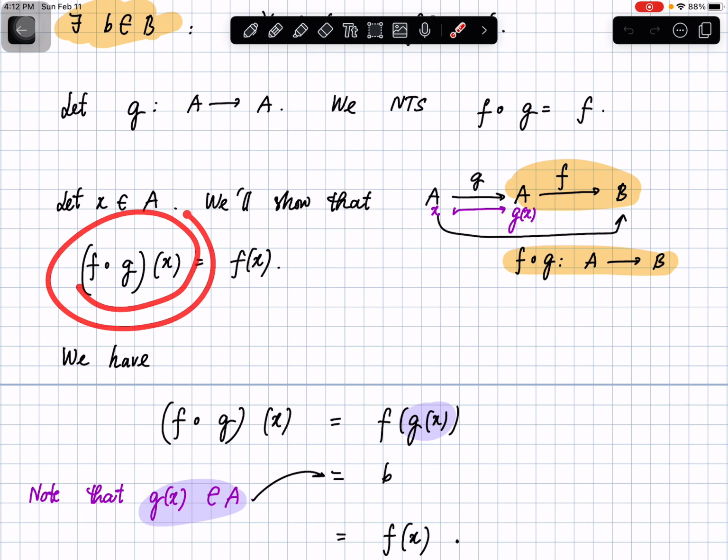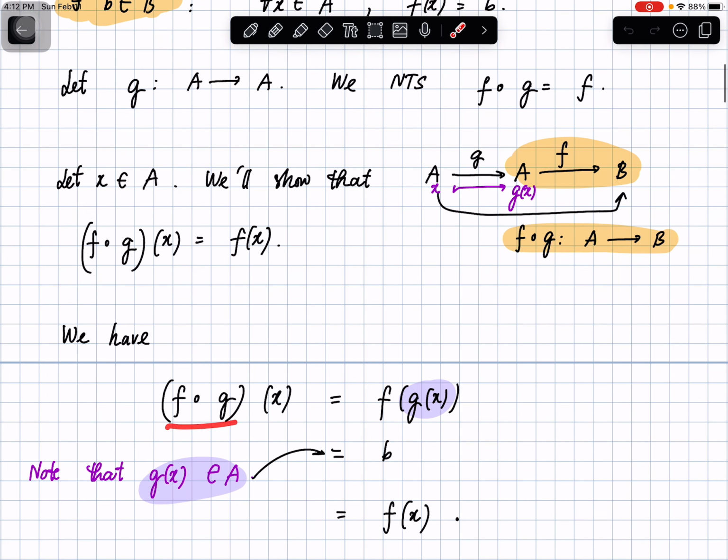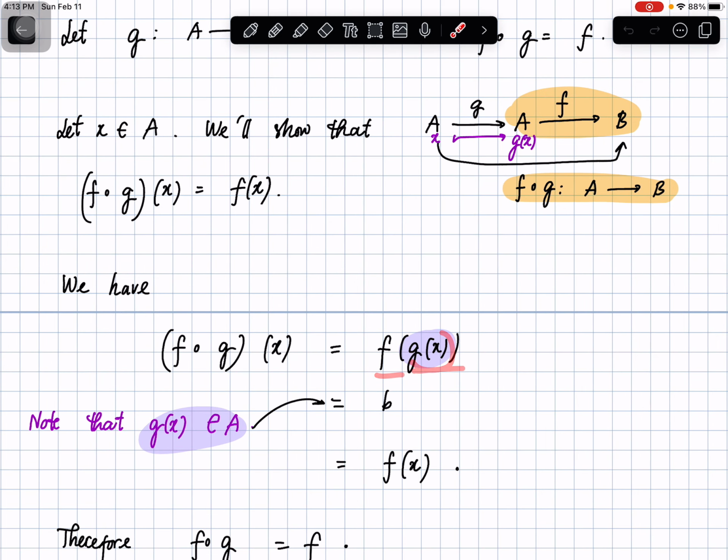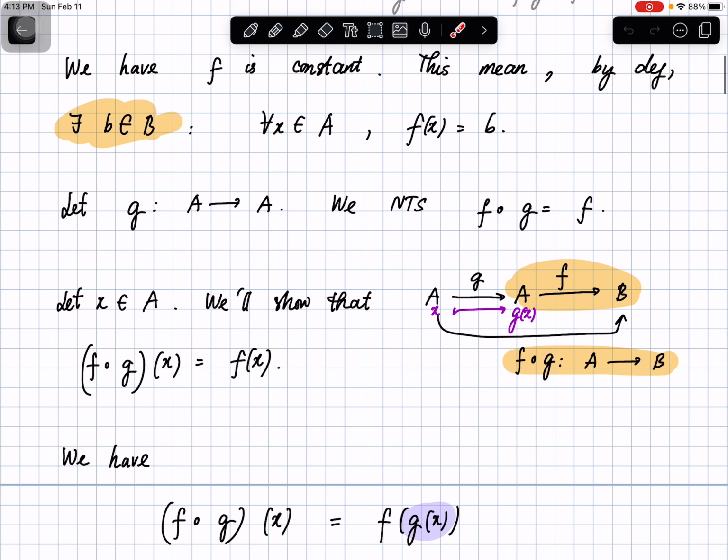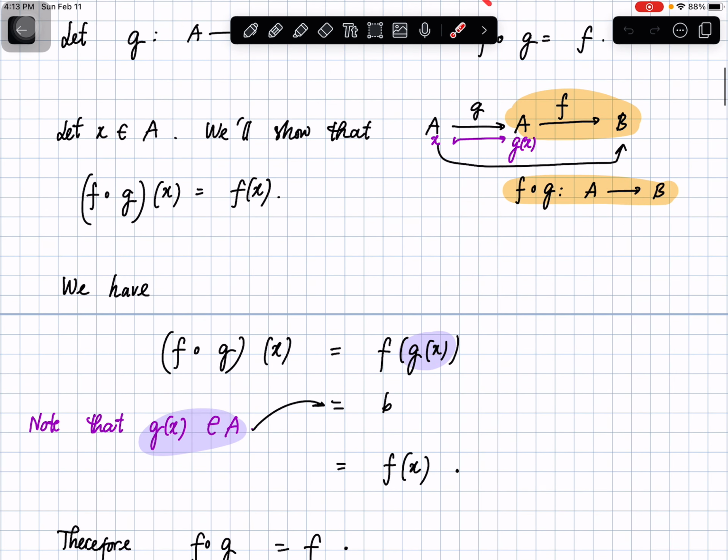Now we compute this first. f dot g of x is, by definition, the composition f of g of x. g of x is an element in big A. So for any element in big A, f will send that element to small b. Therefore, f dot g of x equals small b.